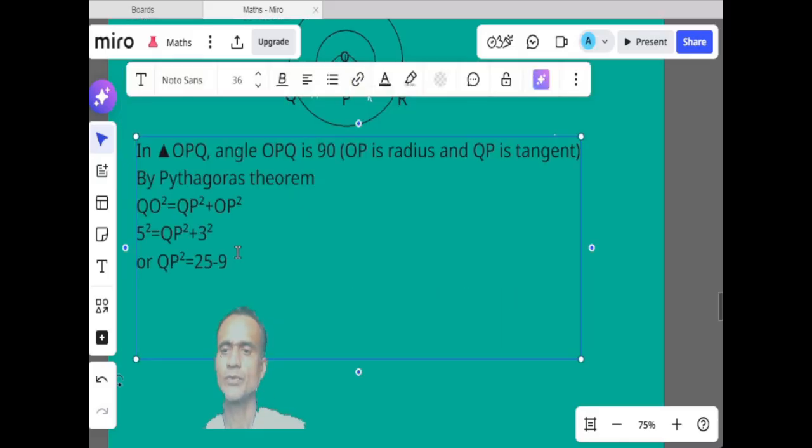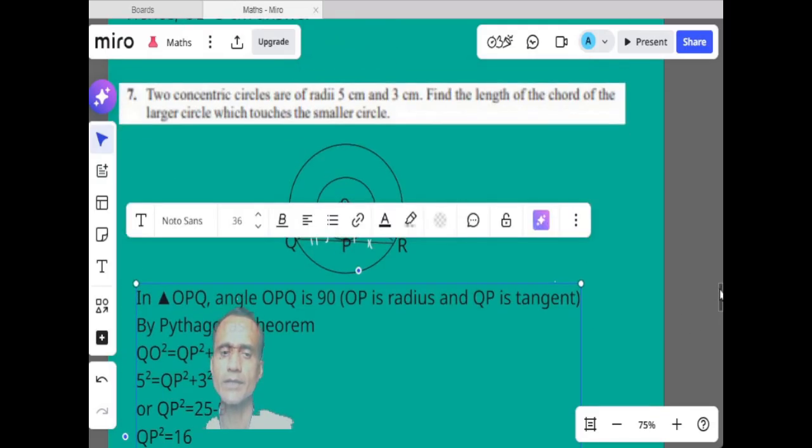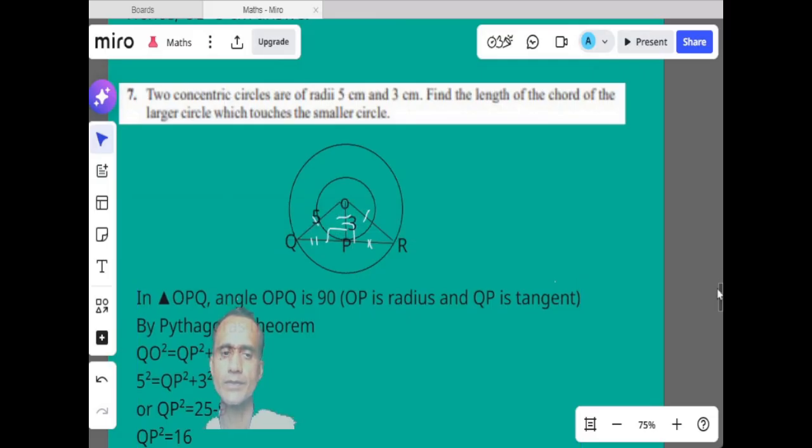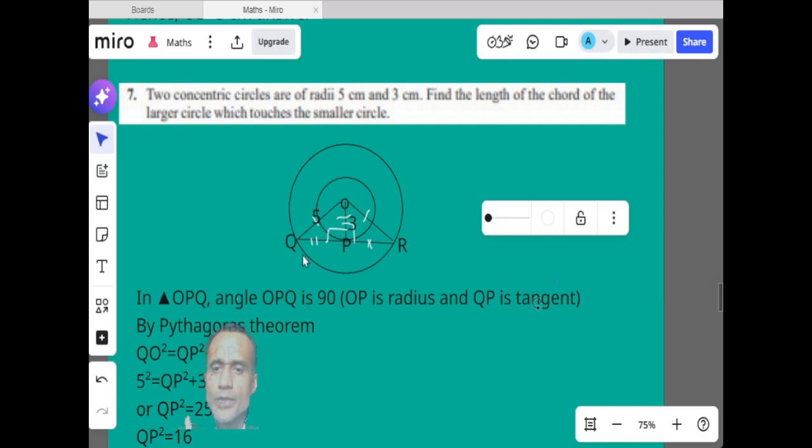By inputting these values we get QP square is equal to 16, or QP is equal to 4. And we have previously discussed that these two triangles, triangle OPQ and OPR, are congruent. So QP is equal to PR. So QR is equal to 2 times QP.